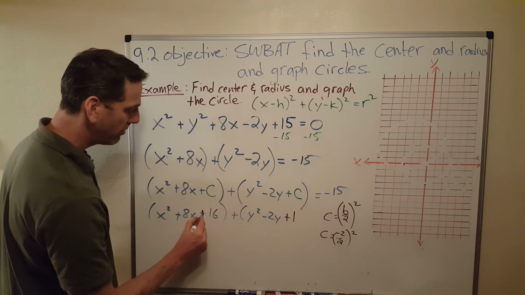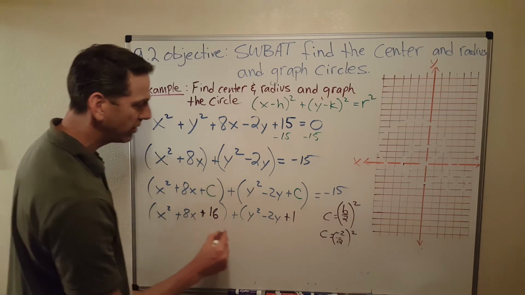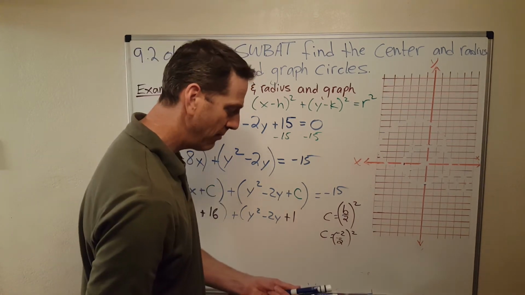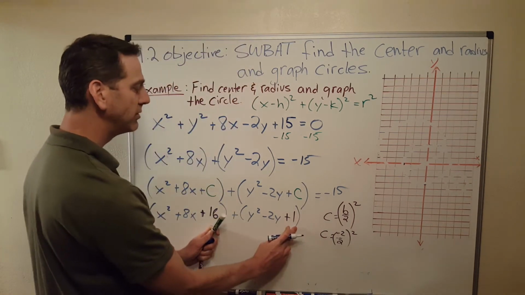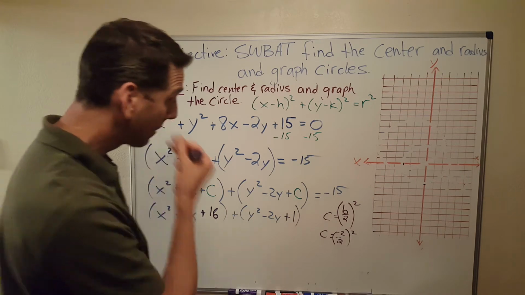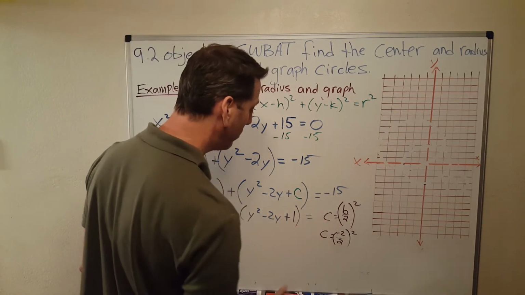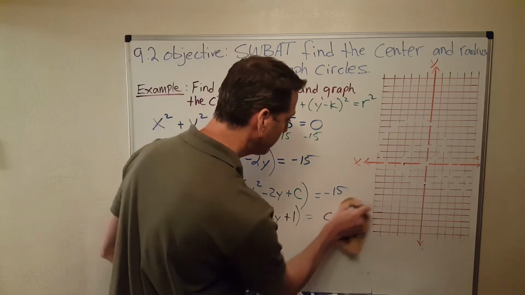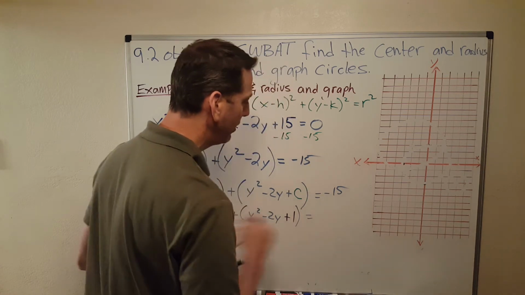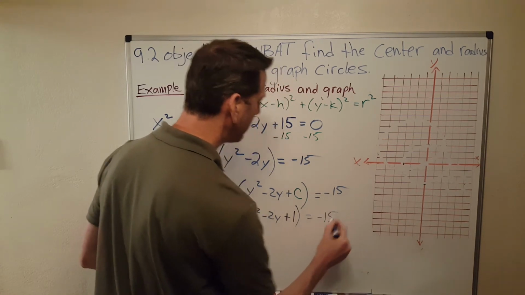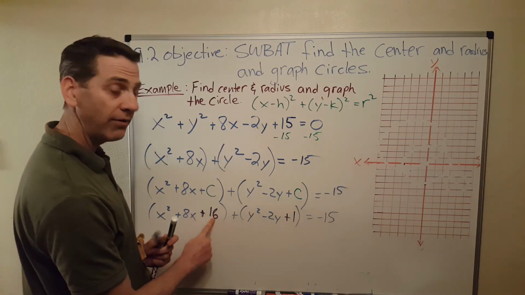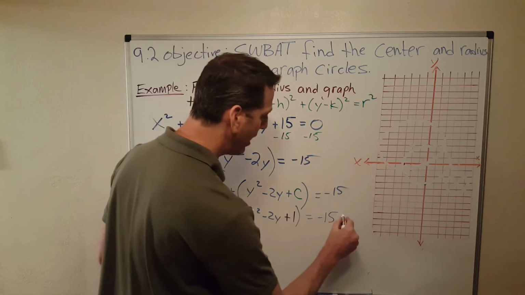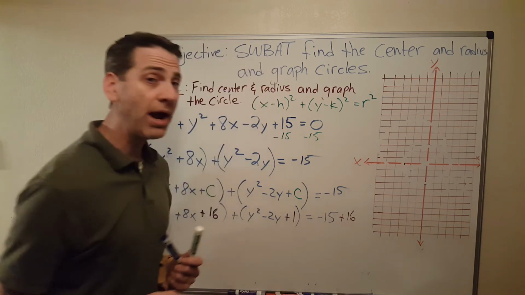And you know what? Let's put this in a special color over here too, because I'm just adding these two numbers to my equation. And of course that's going to equal negative 15. Now because I added 16 to the left, I'm going to need to add 16 to the right.